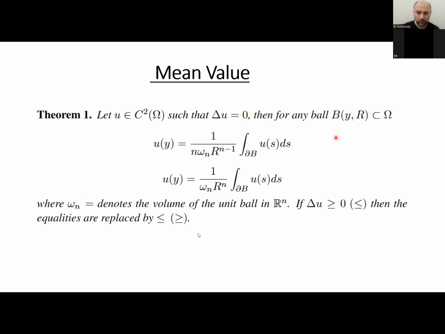I want to ensure that I can choose a ball with radius 4r which stays in omega. So I choose r such that 4r is less than the distance between gamma and the border of omega.